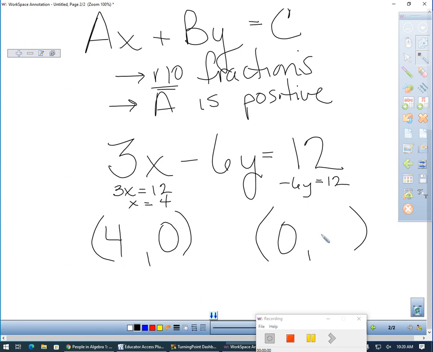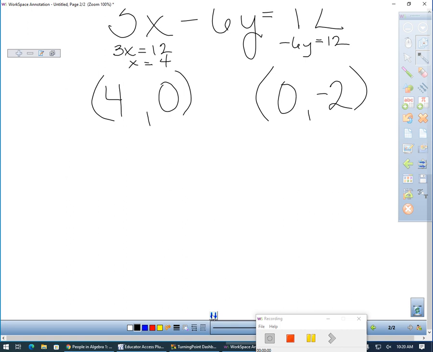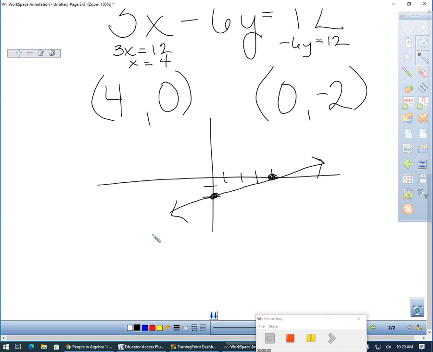Negative 2, I agree. So then, to graph it from this form, I just have to plot those 2 points and connect the dots. So I would plot 4, 0, and 0, negative 2, and connect them. That's the whole reason behind standard form. To be able to find those intercepts and where it crosses your x and y axis.